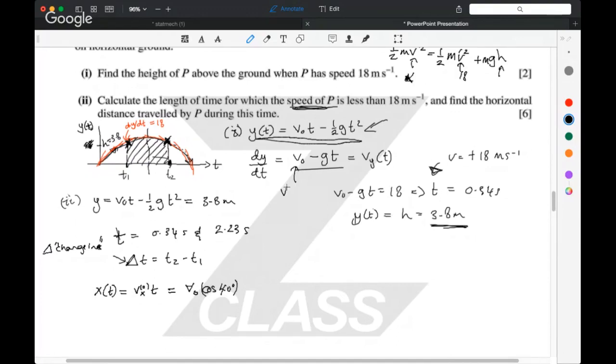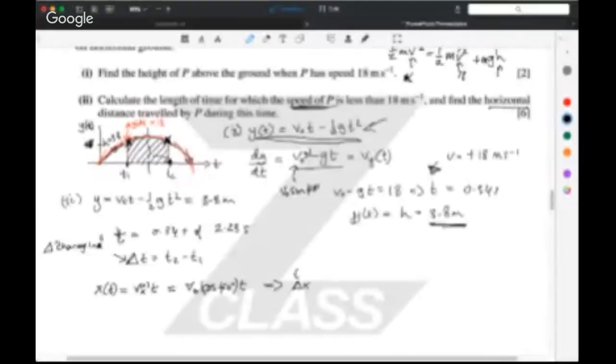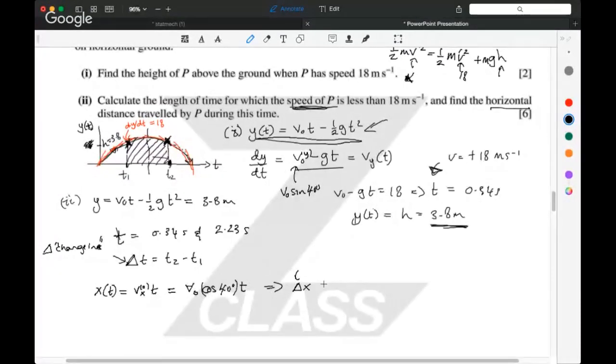And the y component of V naught was V naught sine of 40 degrees. So we have our x as a function of time. Therefore the horizontal distance is just delta x, the change in x, and that's going to be V naught cosine of 40 degrees times delta t, where this was our delta t. So I hope that that's clear despite the blackout halfway through.